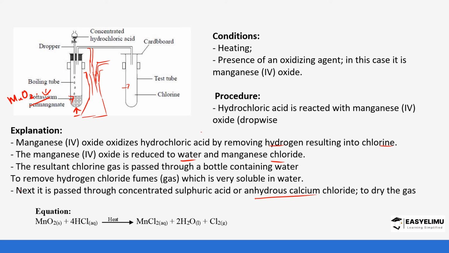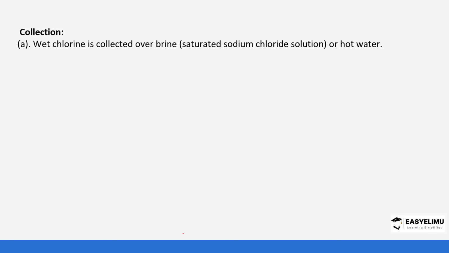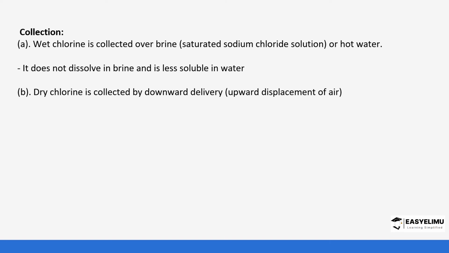So manganese(IV) oxide oxidizes hydrochloric acid to form chlorine, and it is reduced to manganese chloride and water. So the wet chlorine is collected over brine or hot water. This is usually done because it does not dissolve.